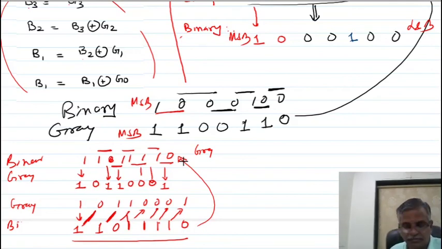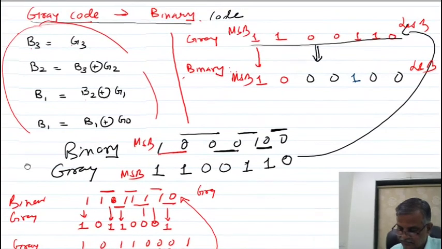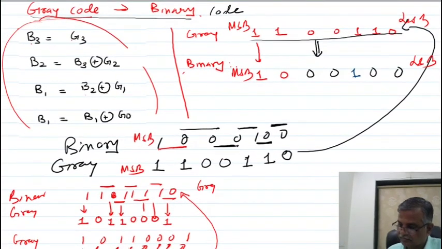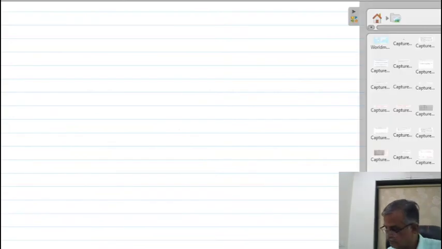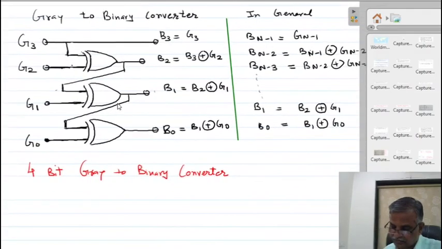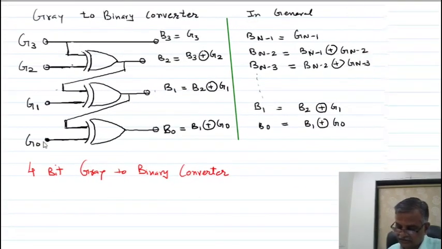Here I have shown the simple method of how you can convert. With experiment, in the experimental circuit, I will show you like this. See, this is your experimental circuit. Suppose I am giving you here 1 0 1 0.